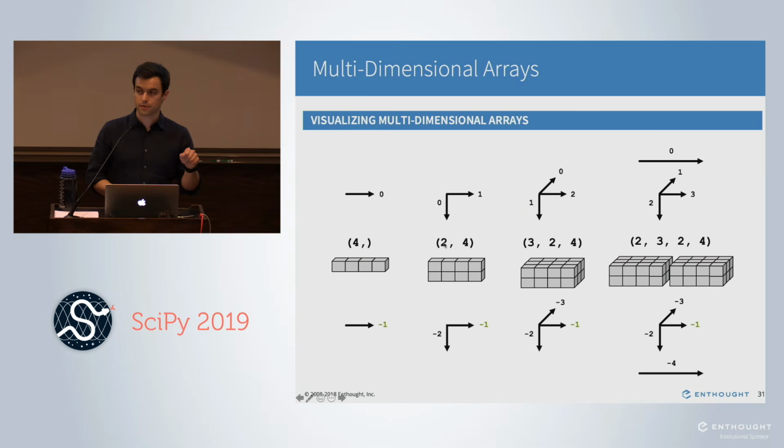So we have 2 sensors per car, and for each of those we have 4 samples. Then we have now 3 cars, 2 sensors per car, and then 4 samples per sensor. And then we have cars in Vermont and cars in California, 3 cars in each, 2 sensors per car, and then a certain number of samples.